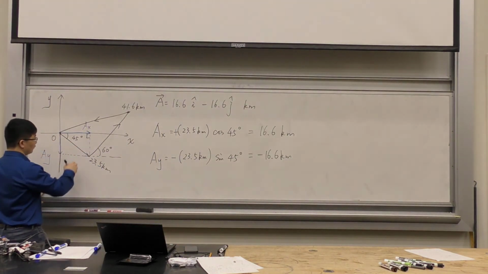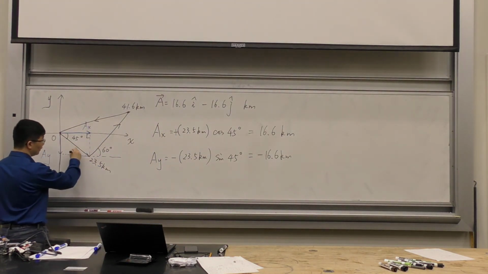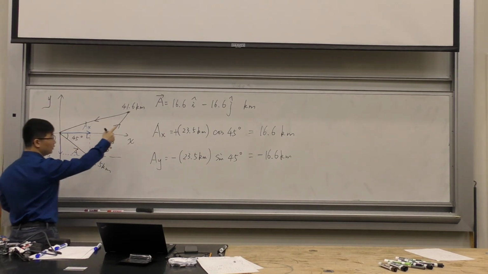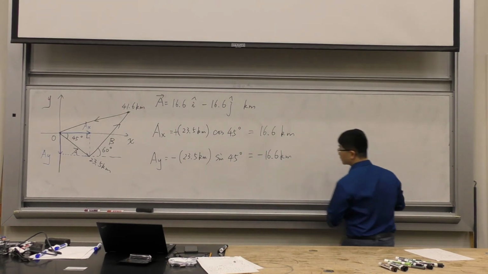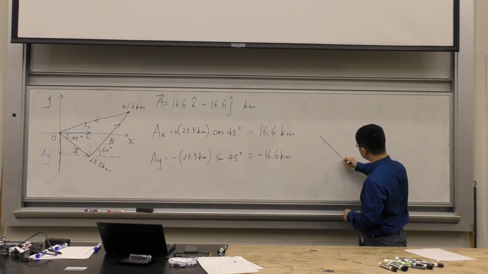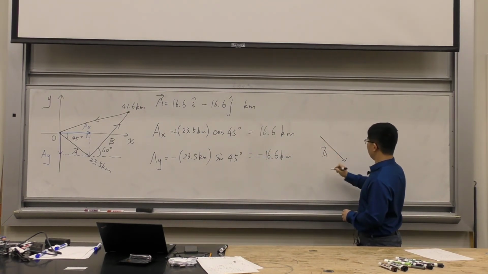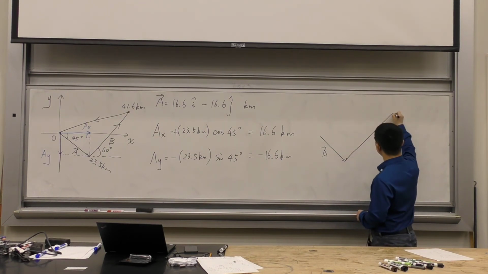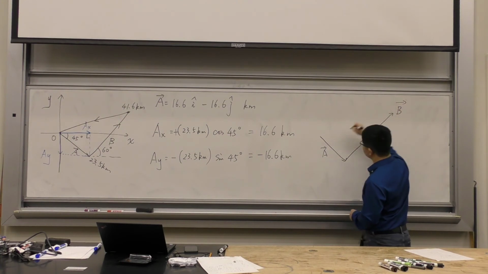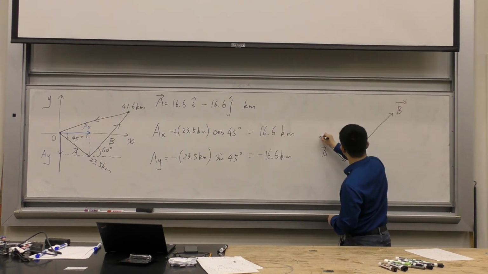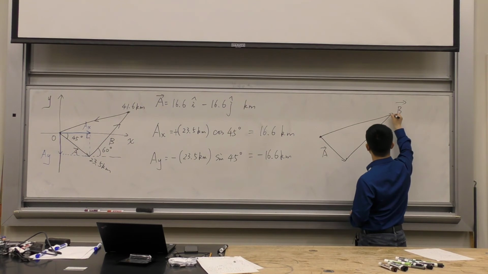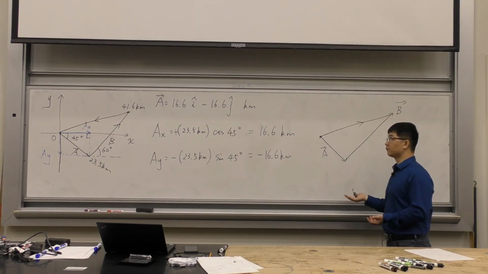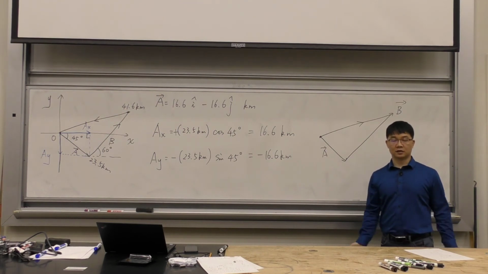Now you see that if I have this vector A here, and I call this vector B, and I draw A, B this way, think about this. I have a vector A here. I'm going to draw vector B starting from the tip of A, and then I'm going to connect the starting point of A to the tip of B. This vector, that's the definition of A plus B. That's how we define that.